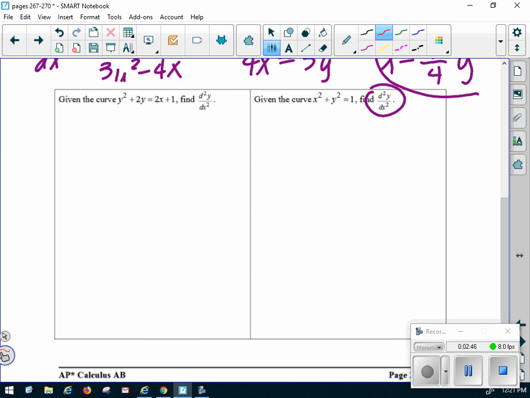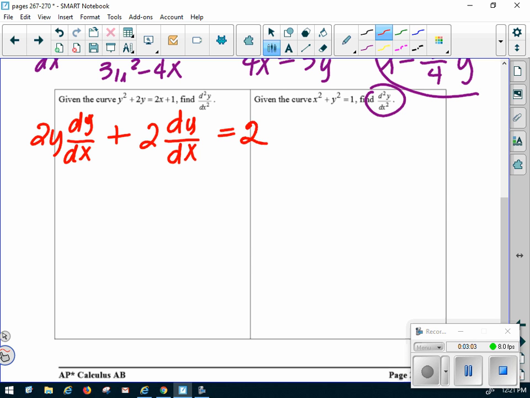How do we take the derivative of y squared plus 2y equals 2x plus 1? 2y dy/dx plus what? 2 dy/dx equals 2.